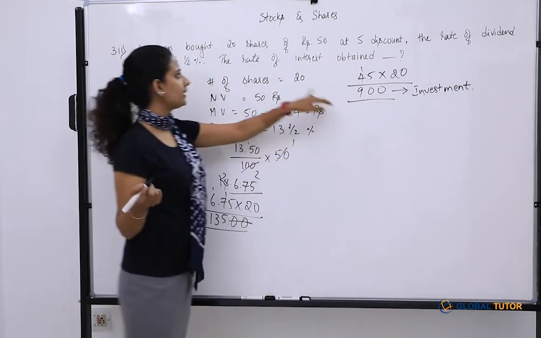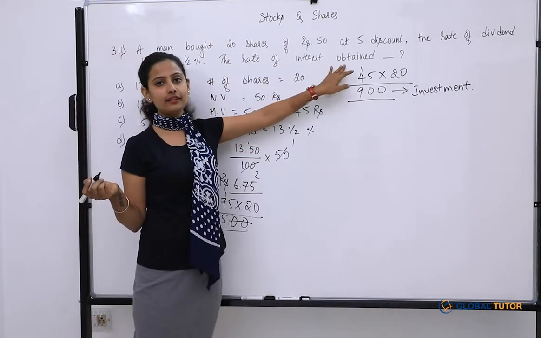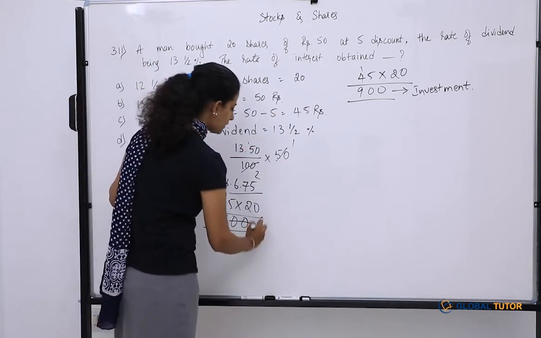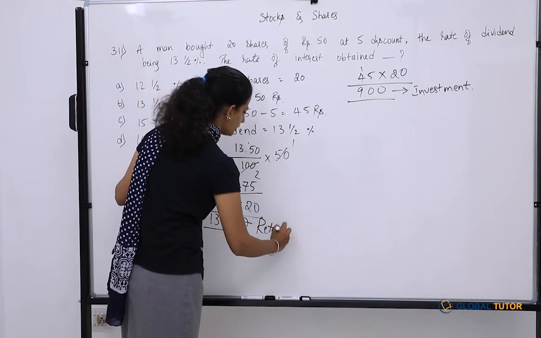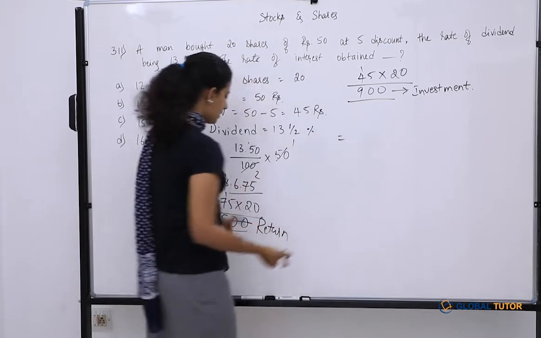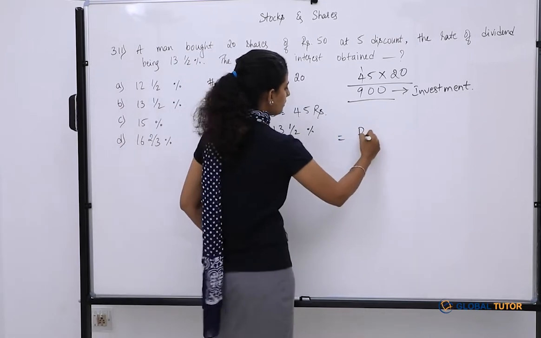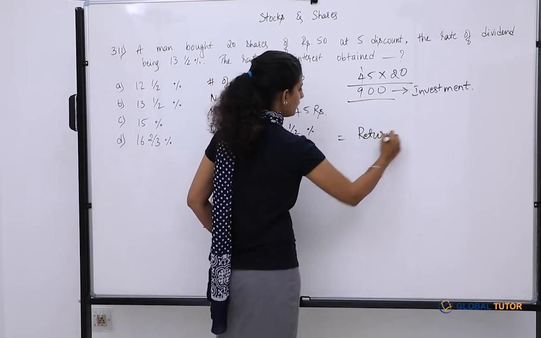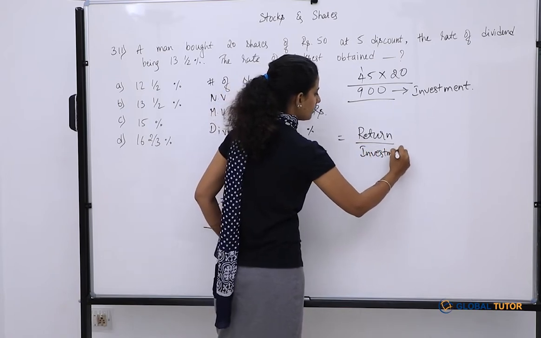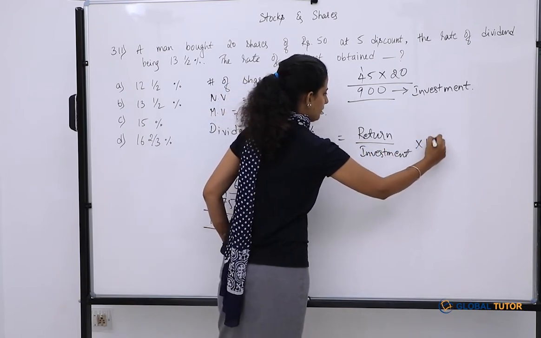And we have to find out the rate of interest obtained. So we have the investment, we have the return. If we have to find the rate of interest, that is return divided by investment into 100.